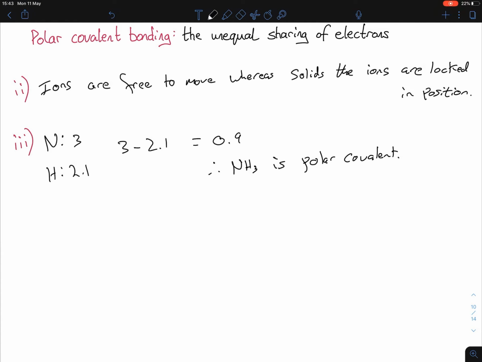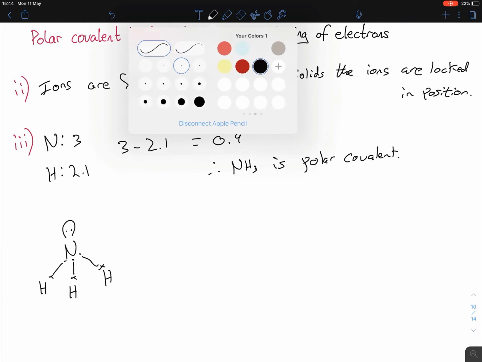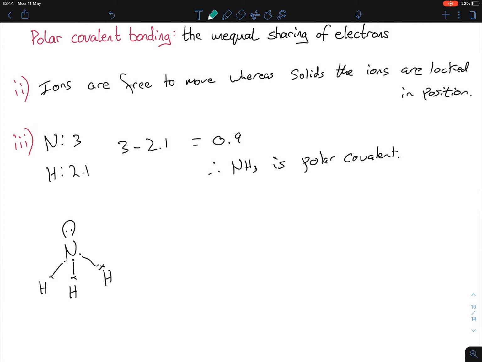Now, you must show that NH3 has polar covalent bonding. Okay, so now we know it has it. Now we must show it. So we put our N up here, and we put in our lone pair, of course. Dot there, dot there, dot there, and put in our hydrogens. Okay, grand. Now we must show it by means of a dipole charge. Now, a couple of ways you can do this, guys.